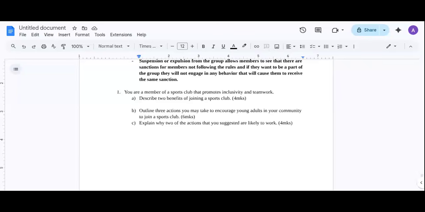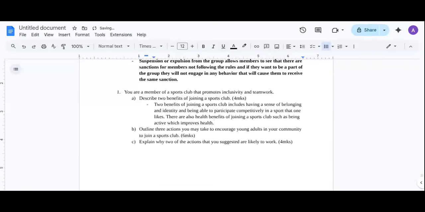We will go with that. Outline 3 actions that you may take to encourage young adults in your community to join a sports club. So, what can you do to encourage young adults in your community to join the sports club?